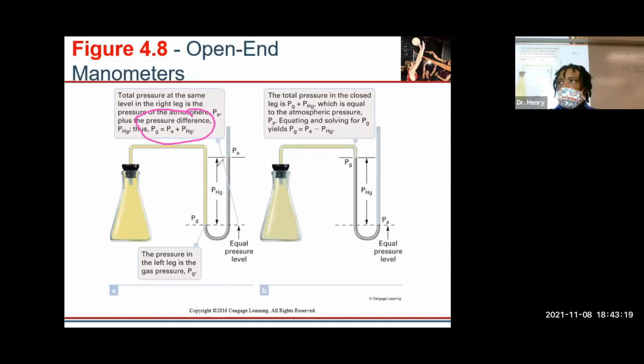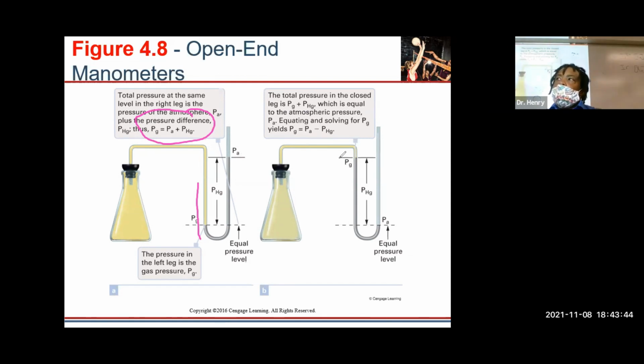So that means that if the gas is pushing in this direction and it's greater than the atmospheric pressure, it's going to push this up. So it's the atmosphere plus how much it pushes it up. That's going to represent the overall pressure on that gas. Okay, you guys with me?